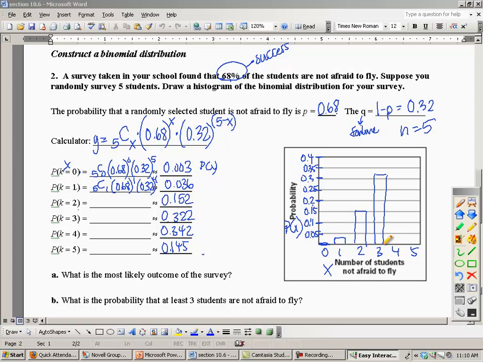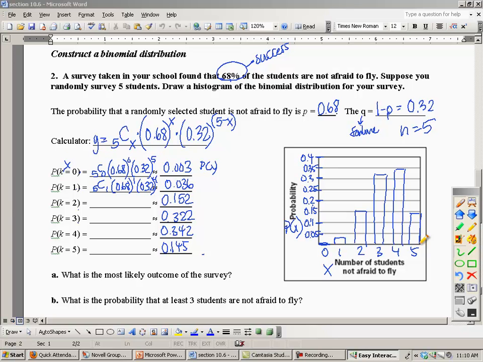Number 4 is 0.342, so up to about 0.35. And last but not least, 5 is 0.145, so right down kind of here back by the 0.15. And so you're making a table as you go through.